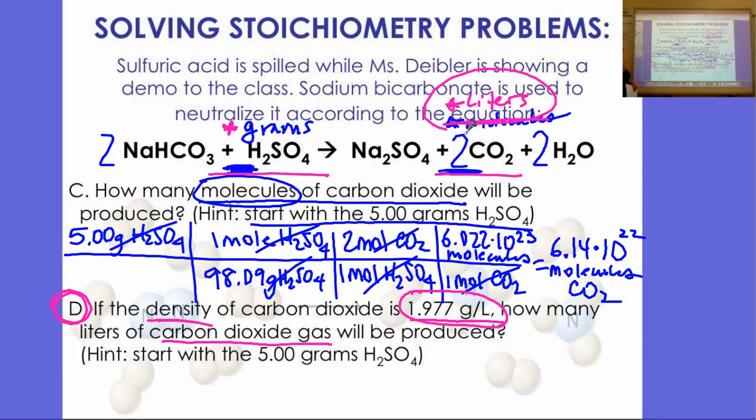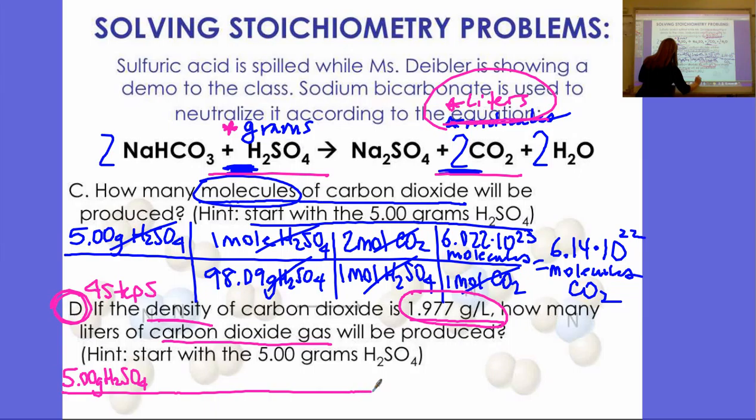Again, that's going to be how many steps? Grams to moles, 1. Mole ratio, 2. Moles to grams, 3. Grams to liters, this guy's going to have 4 steps. Always start with what you're given. 5 grams of H2SO4.